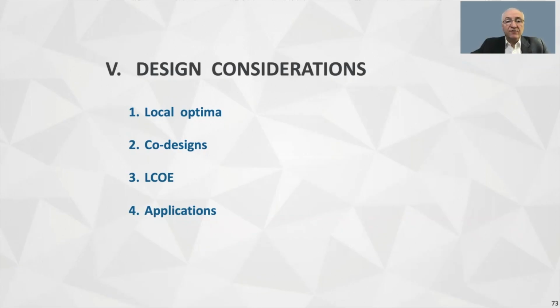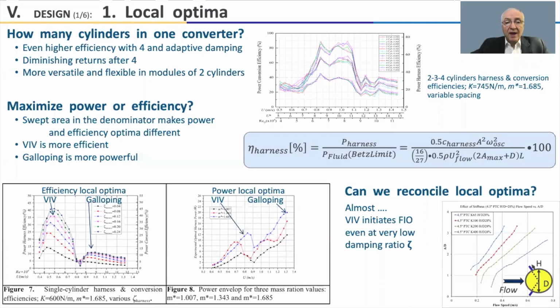In design, Vivace presents an additional challenge. It has variable amplitude of oscillation, and therefore it sweeps different area in the fluid depending on the response of the oscillator. Therefore, the efficiency depends on the response and the swept area.